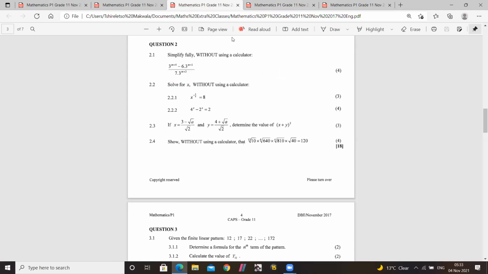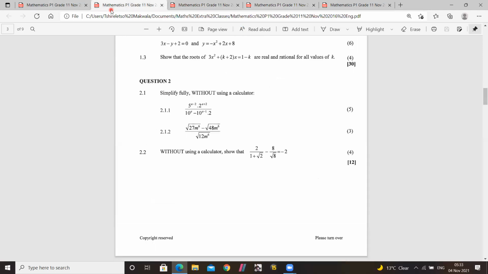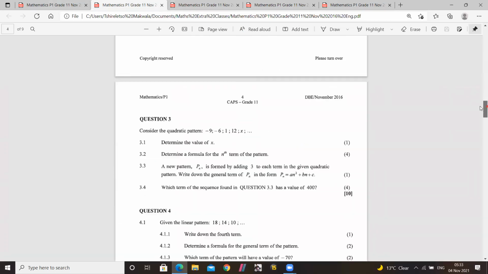So that was 2018. Let's look at 2016. What would it say? In 2016, they said simplify without using a calculator, but they're still testing laws of exponents here. Even here, they say simplify without using a calculator. These are also laws of exponents.